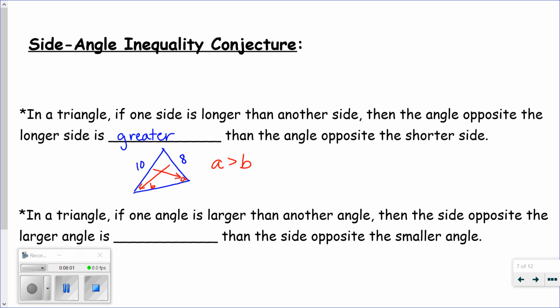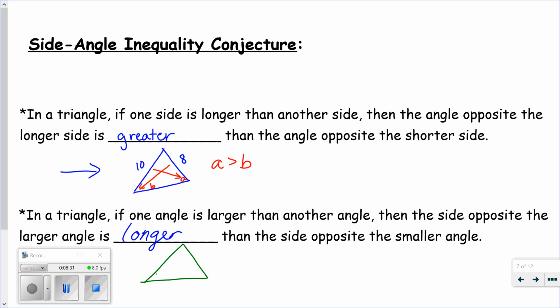Now, in a triangle, if one angle is larger than another angle, so if you look at it the other way, then the side opposite the larger angle is, same idea as above, longer than the side opposite the smaller angle. So really, I'm just thinking about that backwards, so let's do another triangle. Now I have the same triangle, but I know the angle measurements.